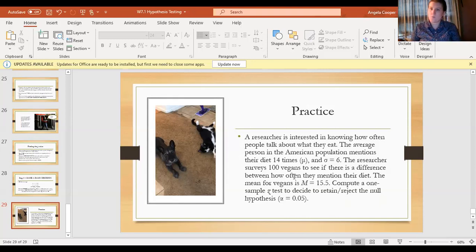Okay, so we have to obtain our z-score. Before we start, z equals the sample mean minus the population mean divided by the standard deviation of the sampling distribution of the means. But in order to get the standard deviation of the sampling distribution of the mean, we need to take the population standard deviation and divide by the square root of the sample size.